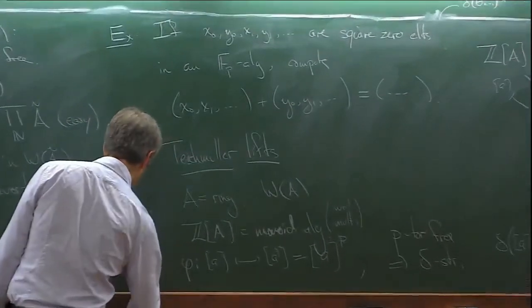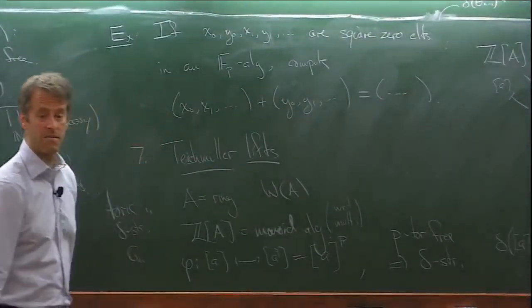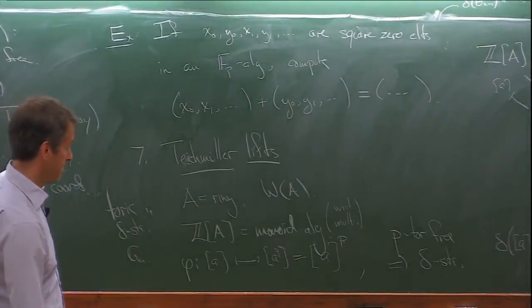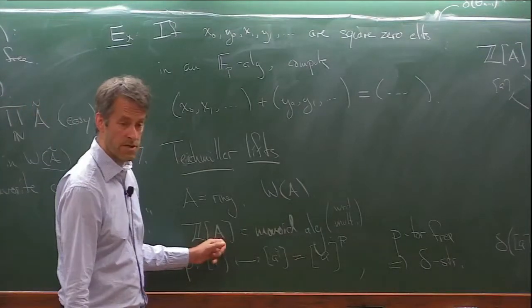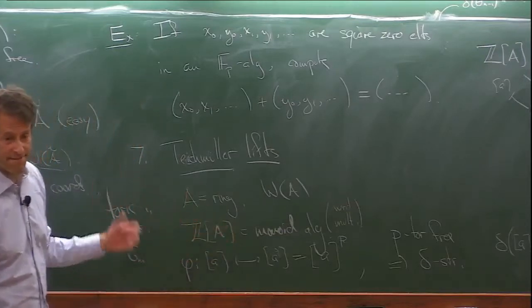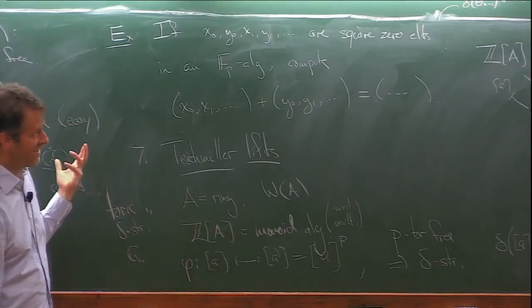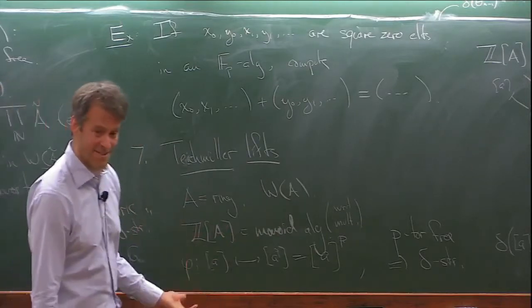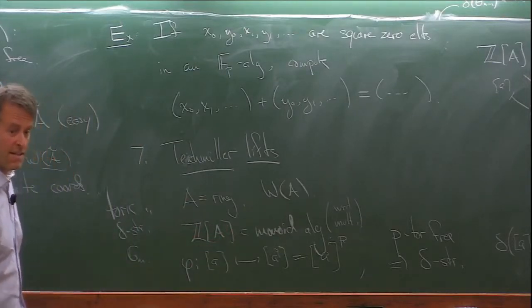I don't know, there's sort of a GM, if you like, lurking in the background here. So monoid algebras are delta rings in a particularly transparent way. Not interesting, but important. So I don't want to trivialize it.